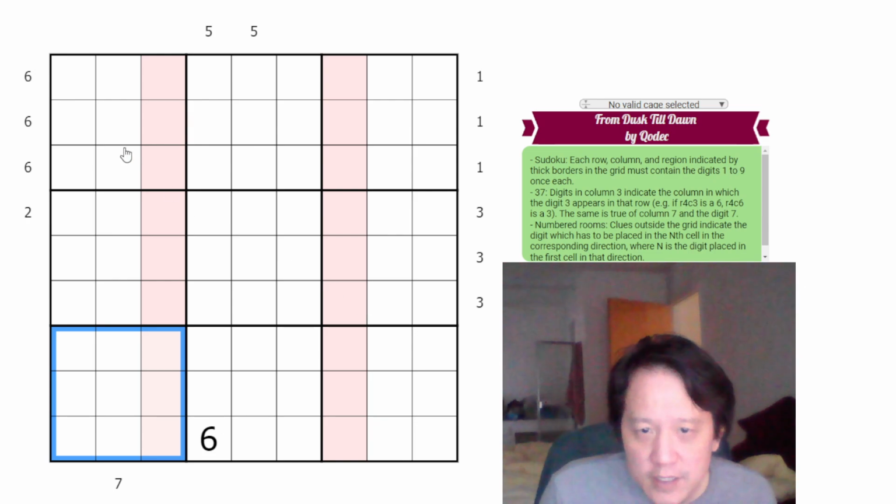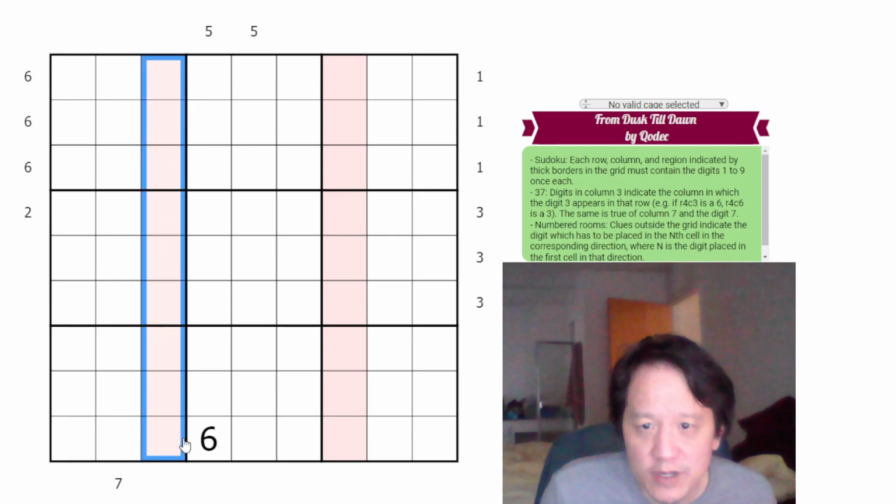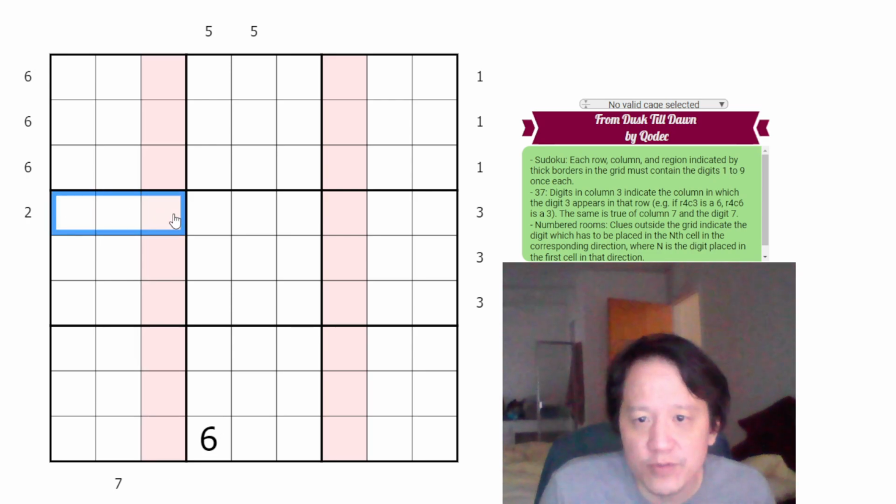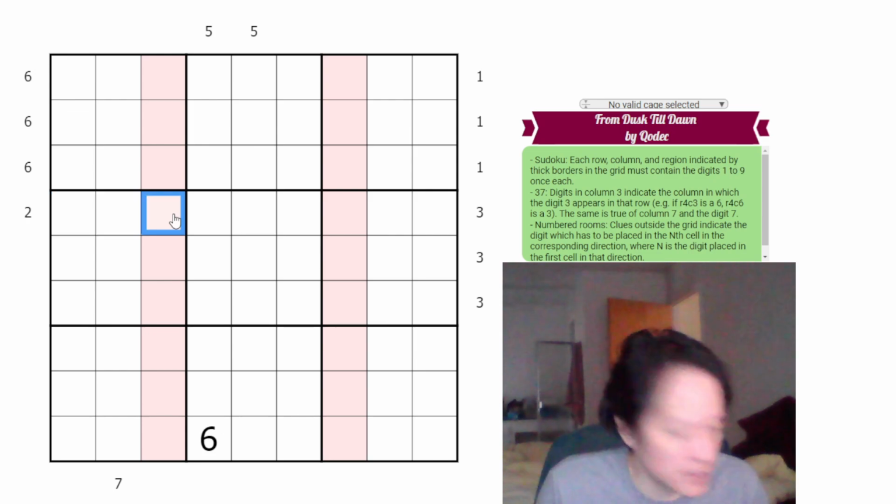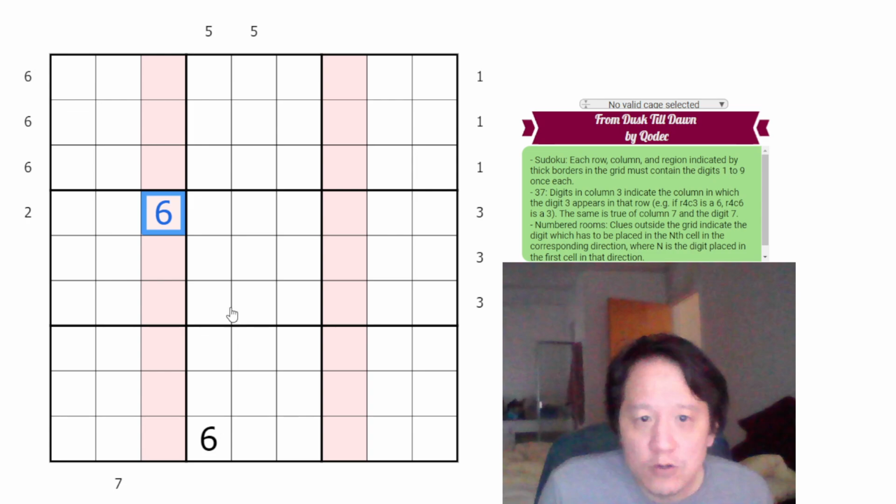Digits in column 3 indicate the column in which the digit 3 appears in that row. For example, if row 4, column 3 is a 6, row 4, column 6 is a 3.